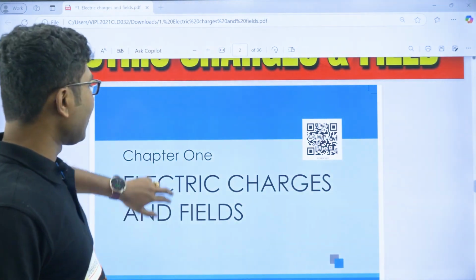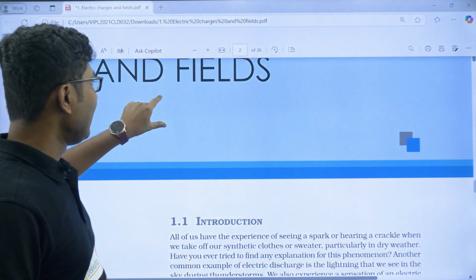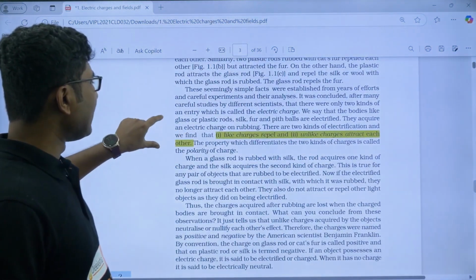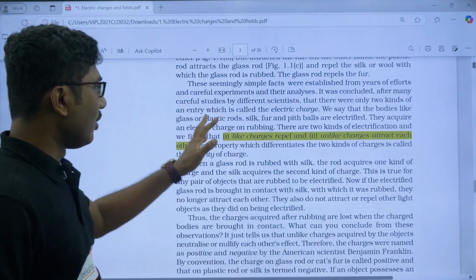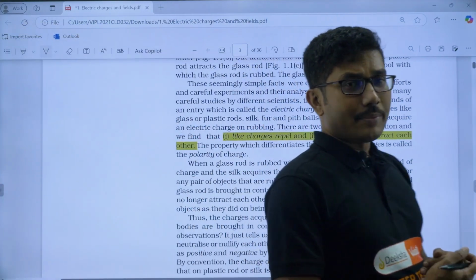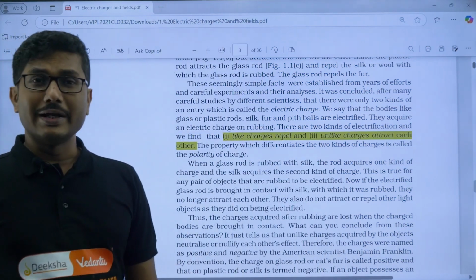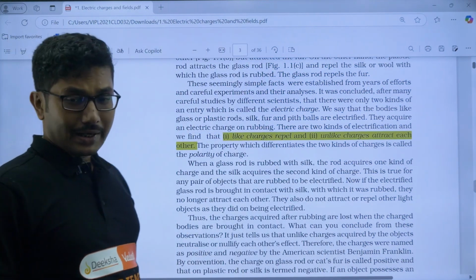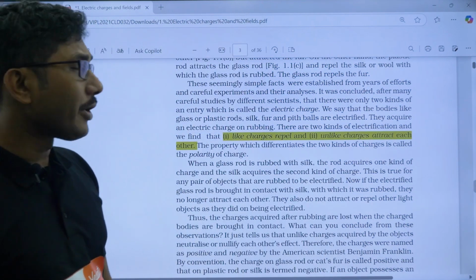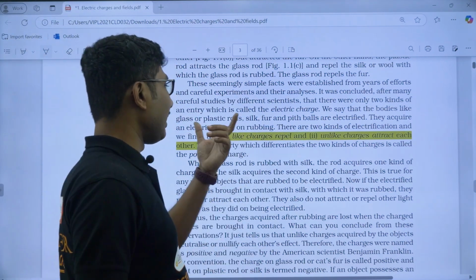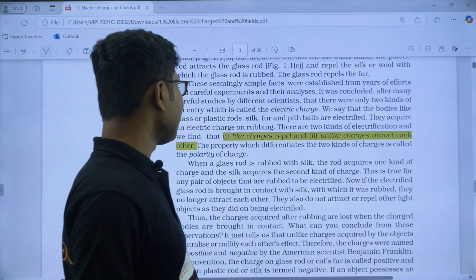Right, now let's start with this chapter, electric charges and fields. So first part, up to this point you can ignore everything. Where I have highlighted, up to this point you can ignore everything. If you wish, as I said, you can read them once, but whatever you are reading is not super important. This is the important part that you have to highlight, that like charges repel and unlike charges attract each other.